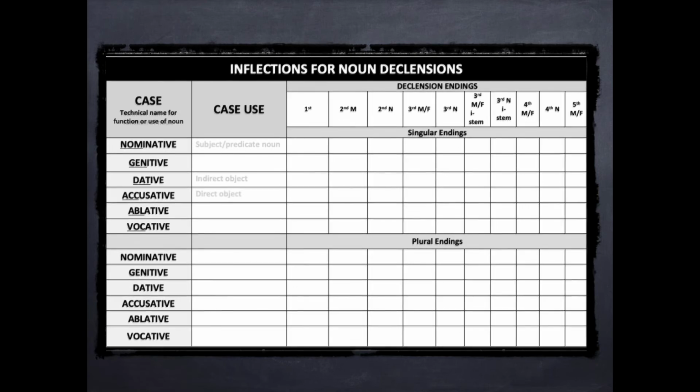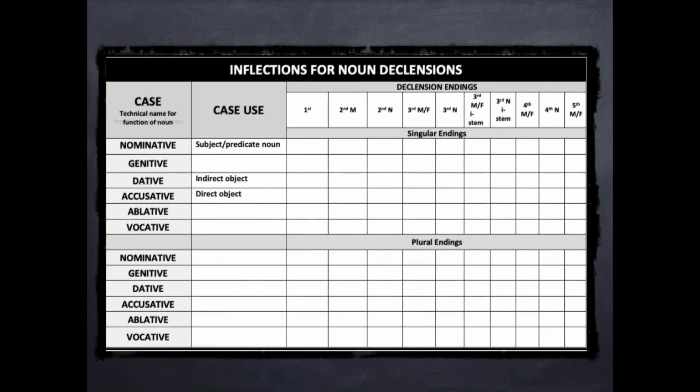We already know about 3 different functions of a noun in Latin: a subject or a predicate noun, a Roman would call the nominative; an indirect object, the Roman would call the dative; and the direct object, the Roman would call the accusative.